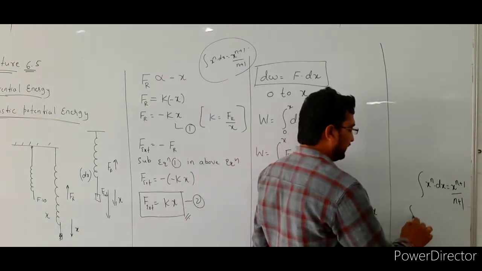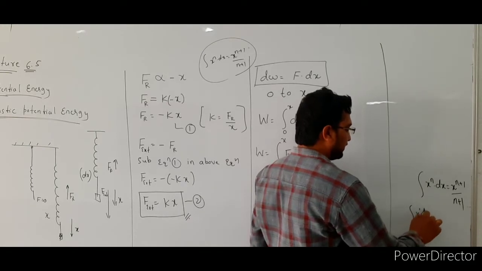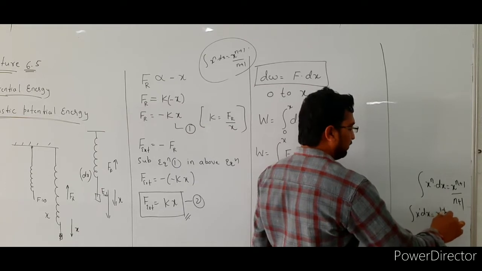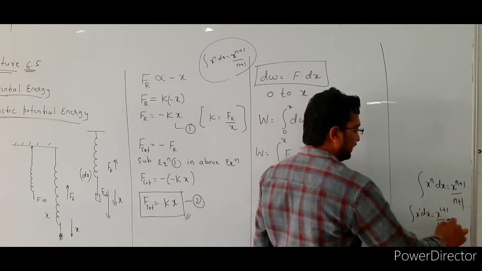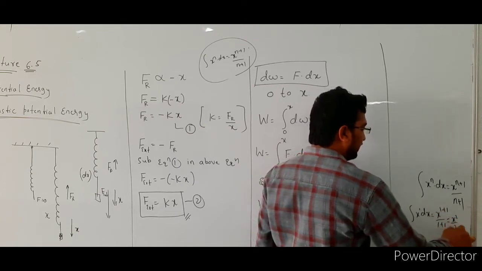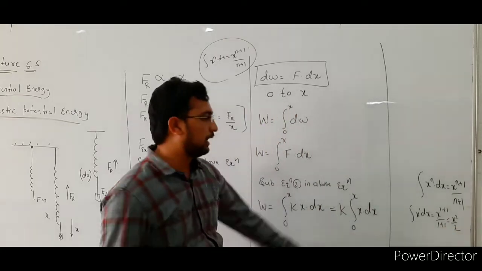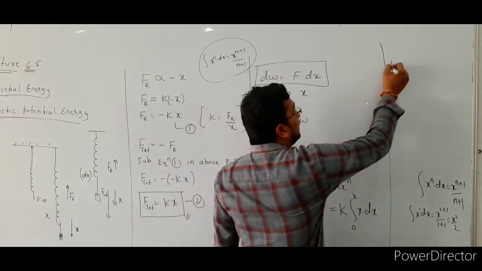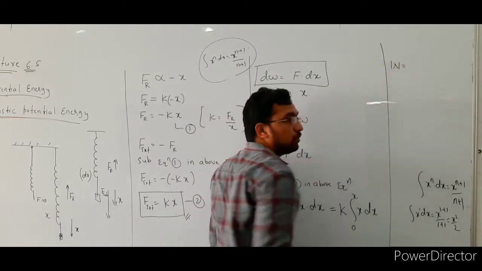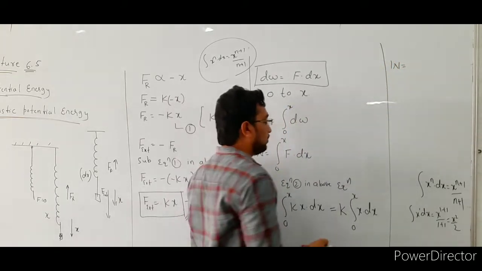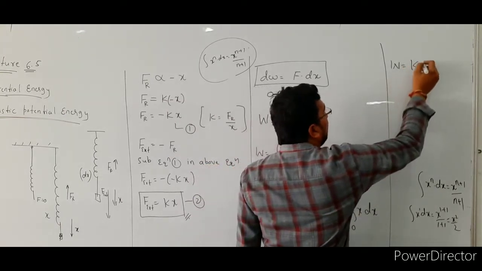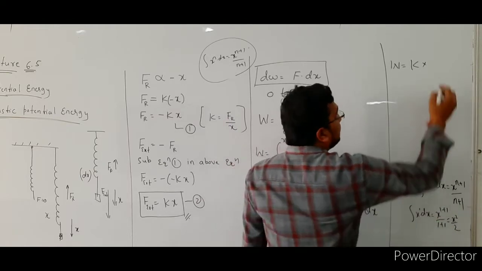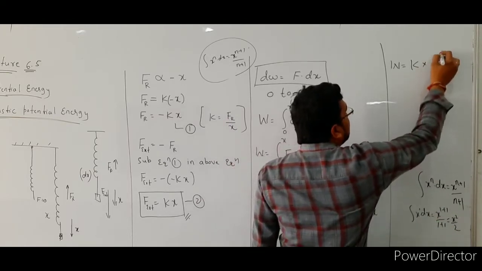So integration of x to the power 1 with respect to dx means x to the power 1 plus 1 divided by 1 plus 1. This is equal to x square divided by 2. Okay, see here. Then work done, that is W, is equal to K into the integration of x with respect to dx value, that is x square by 2.